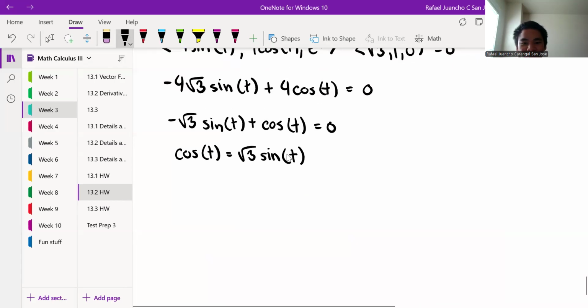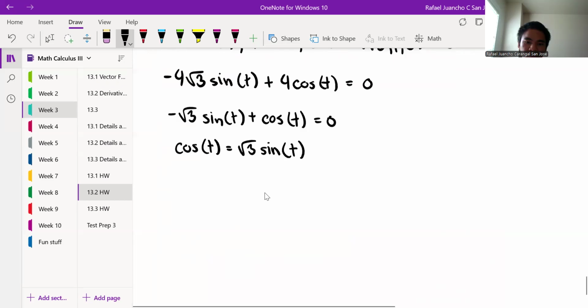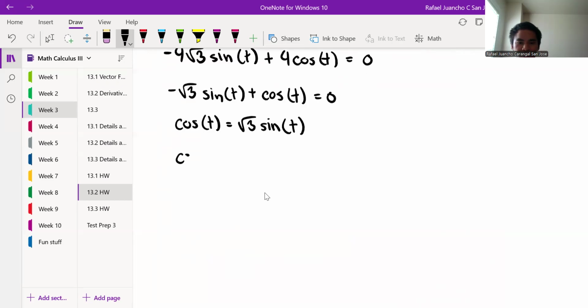Okay, now how do I find t here? That's the tricky part. So now I can say we have cosine of t divided by sine of t, which is square root of 3.